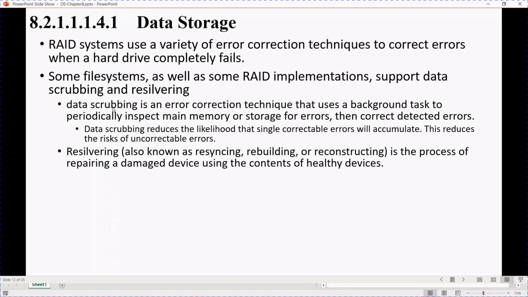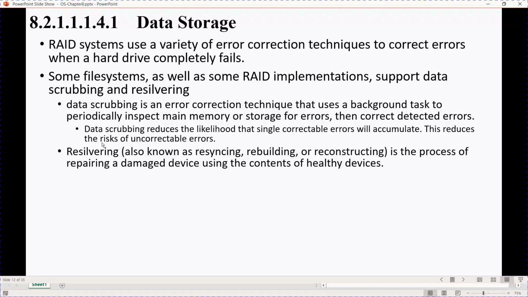Data scrubbing is a technique using background tasks to periodically inspect main memory or secondary storage for errors and correct the detected errors. It reduces the likelihood of single correctable errors accumulating.